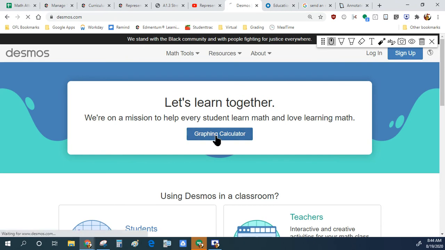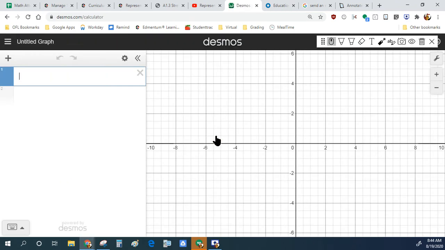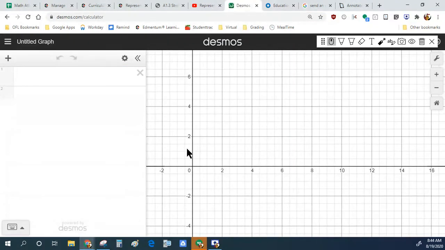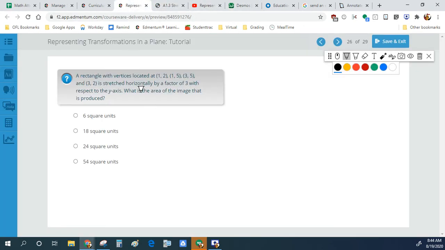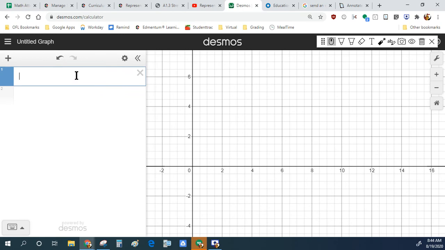If you guys have taken an algebra class or come to me for tutoring, you probably are aware of Desmos. I use this a lot. So what I'm going to do here is copy these points. Hopefully Desmos can convert it. I'm going to have to delete that. I know for a fact Desmos will not copy that.